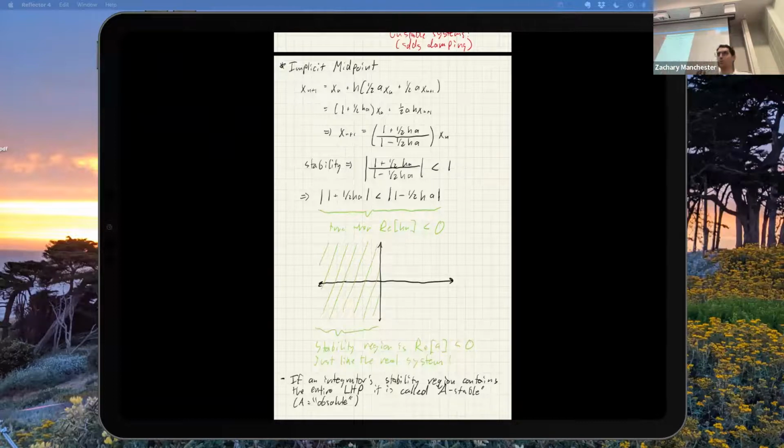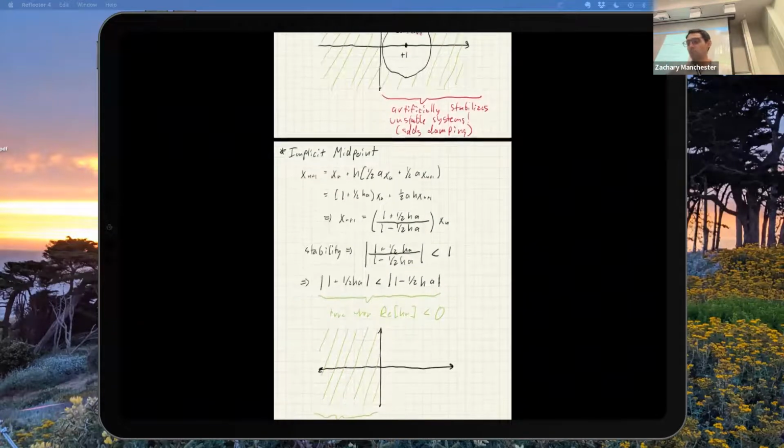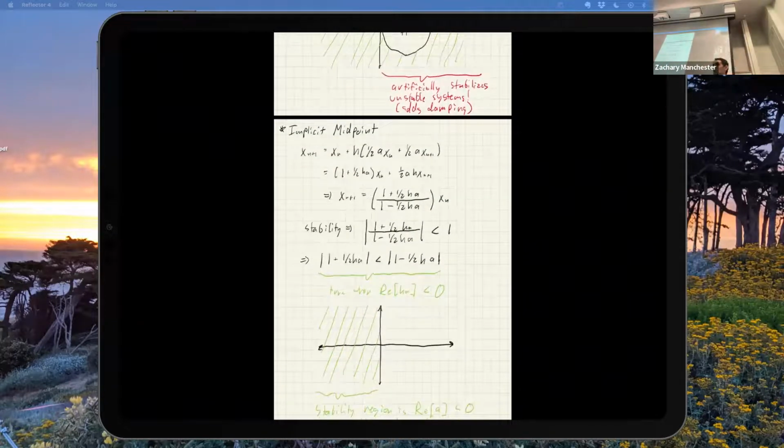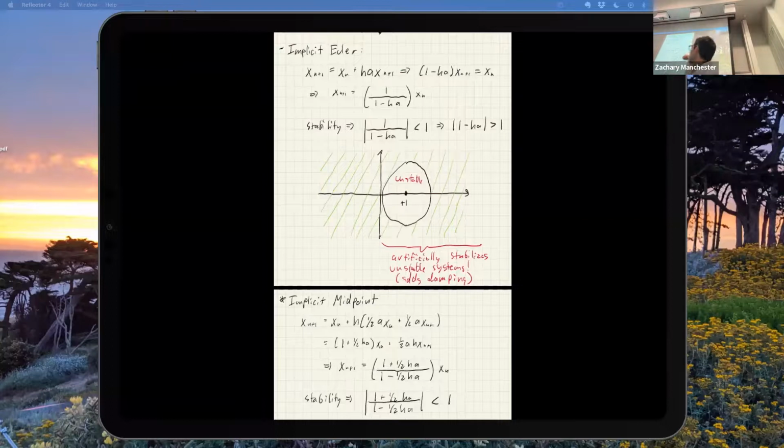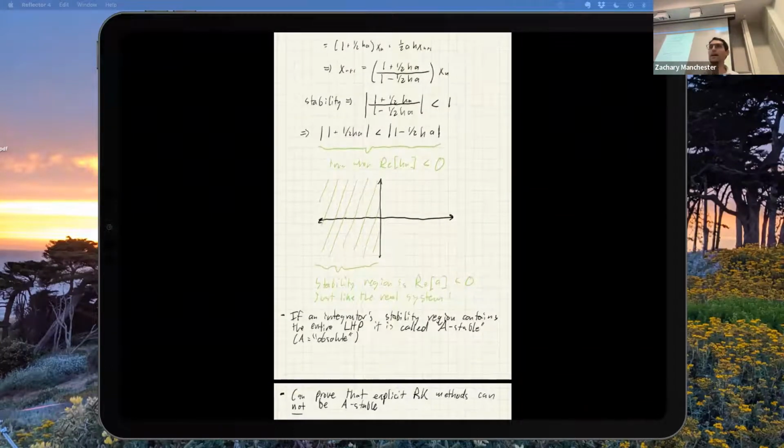So ODE45 can do this, et cetera. So if you have a gnarly system that's hard, stiff, et cetera, you probably want to use an implicit Runge-Kutta method, like this one or whatever. Actually, either one of these, right? These are both stable. The midpoint is better, but yeah, that.